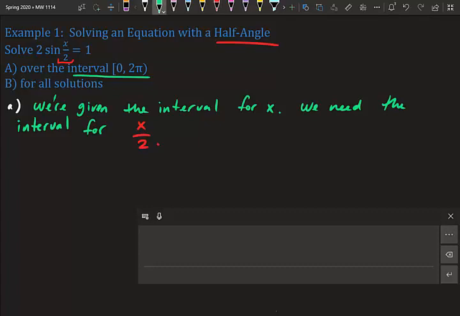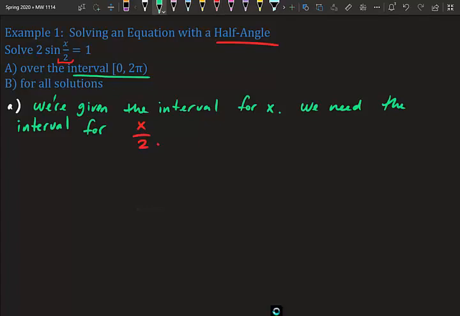So we're given the interval for x, but we need the interval for x over 2. So we're just going to make the interval they gave us, we're going to make it x over 2.